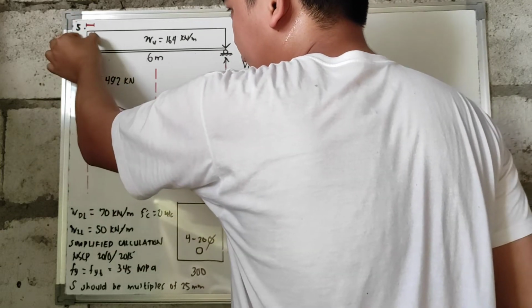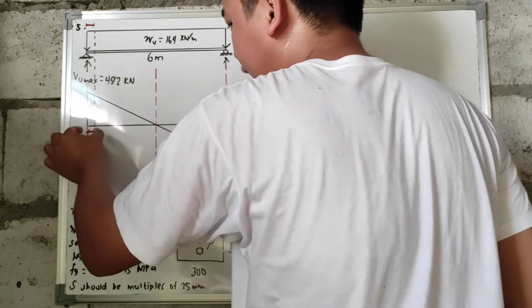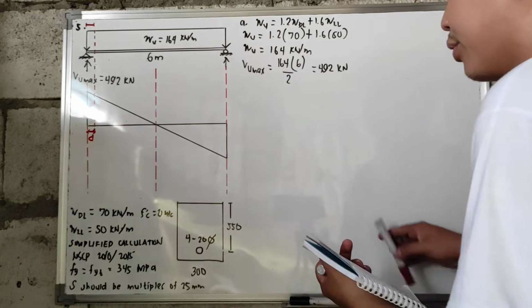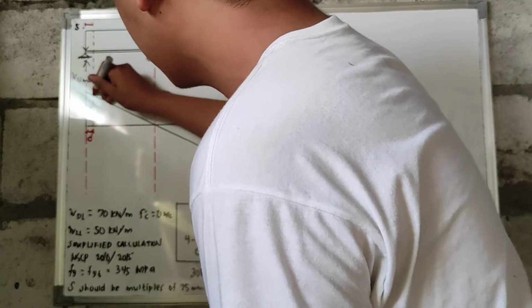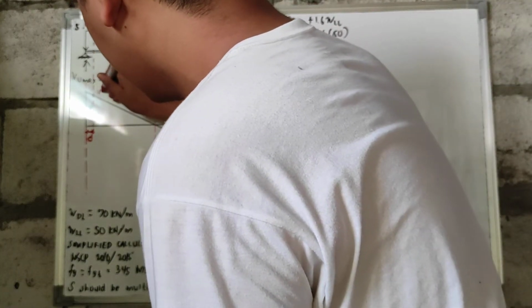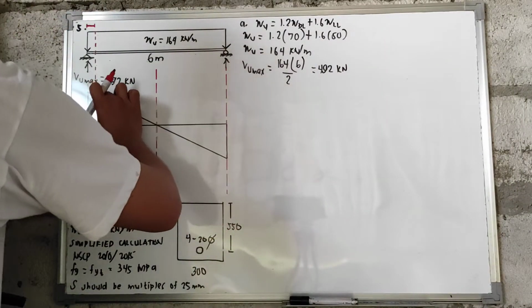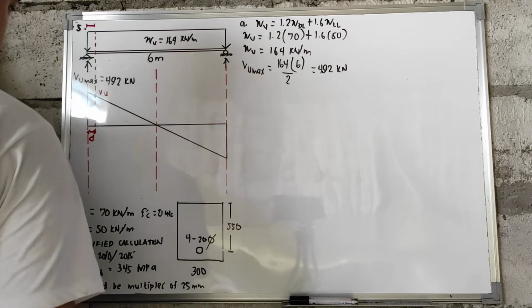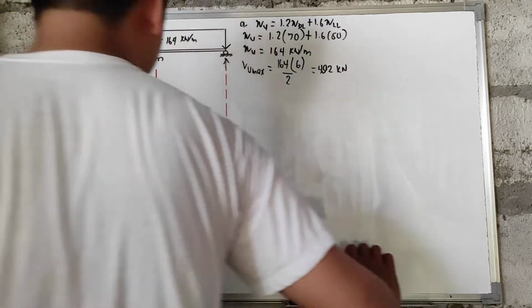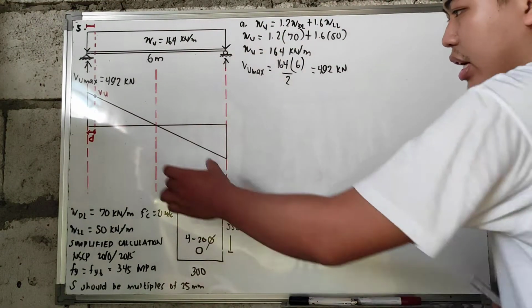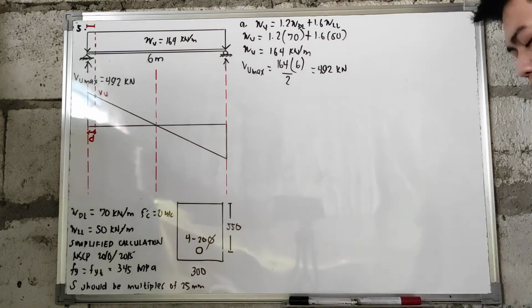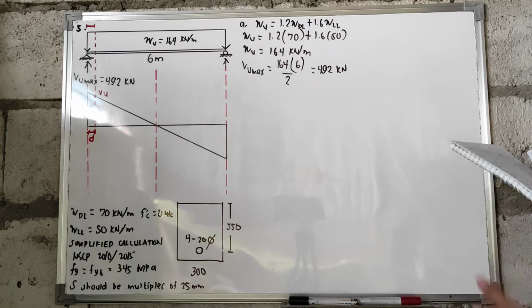So, kukunin natin yung shear at a distance d from the support. That will be the value of your Vu. Etong height ng shear diagram na to, that will be the value of your Vu. Pwede kang mag-refer dito sa shear diagram natin para makuha natin yung Vu.